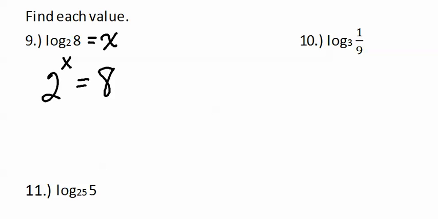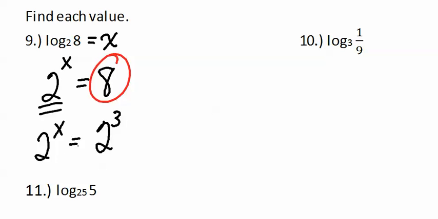Now, like we did in the previous section, we're going to take 8 and change that into a base of 2 so that the bases match up and we can solve. 8 is 2 to the 3rd. So I have 2 to the x power equals 2 to the 3rd. Since the bases are the same, I can look at the exponents, and x will equal 3. Or log of 8 base 2 equals 3.